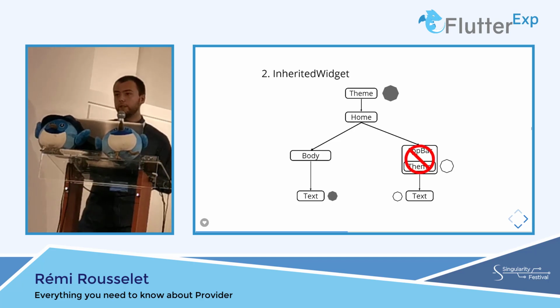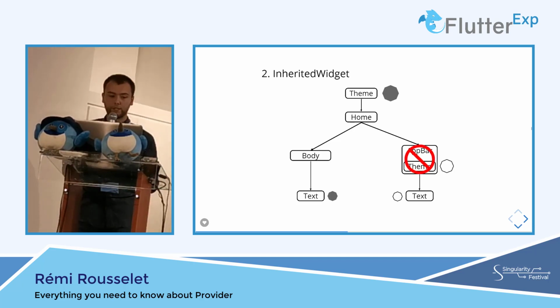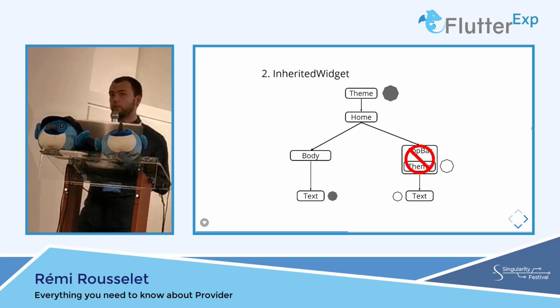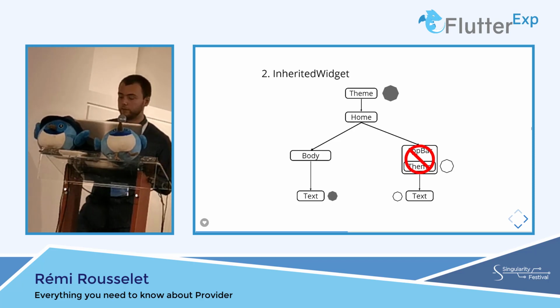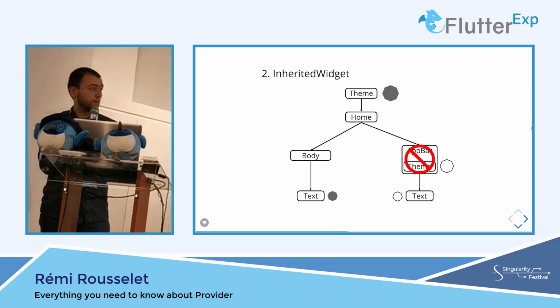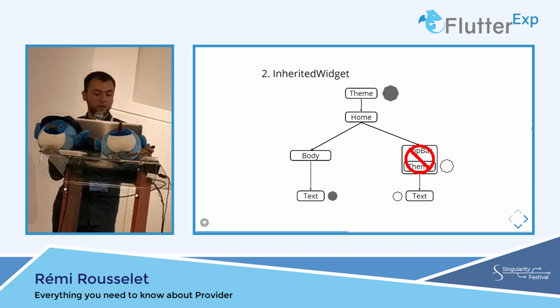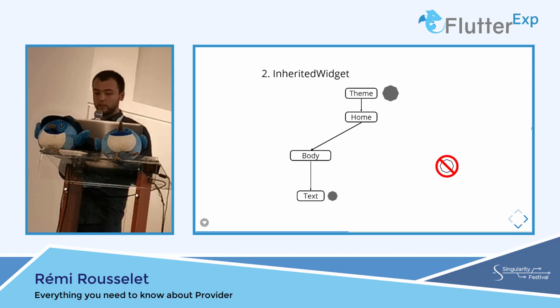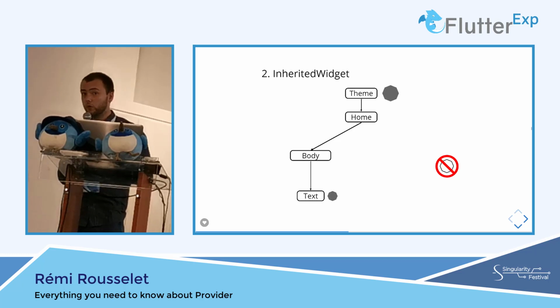There is also an interesting benefit of using inherited widgets. That is, they are widgets, which means that they follow the unidirectional data flow that we talked about earlier. Which means that when we delete our hotbar, when we remove it from the widget tree, then suddenly our white theme instance is not linked to anything anymore.